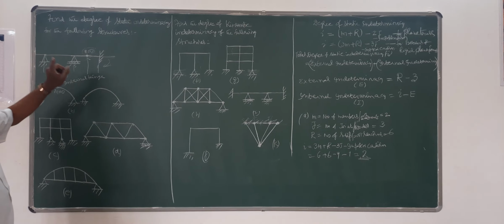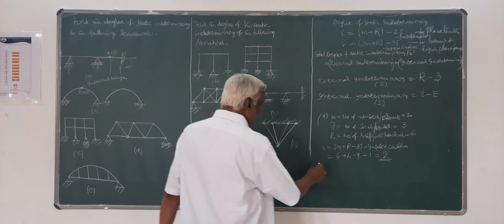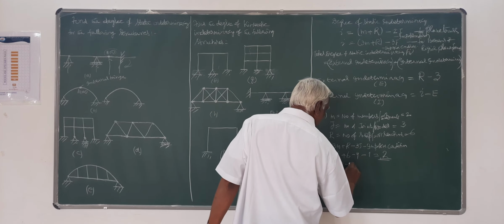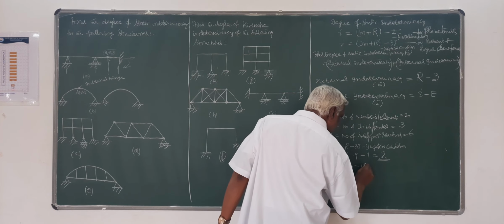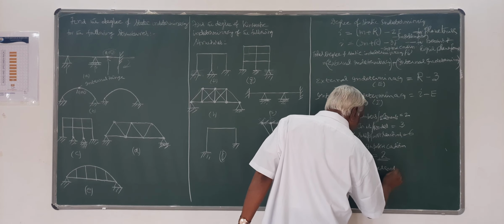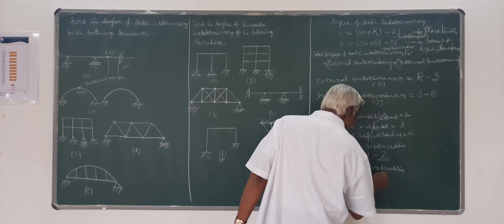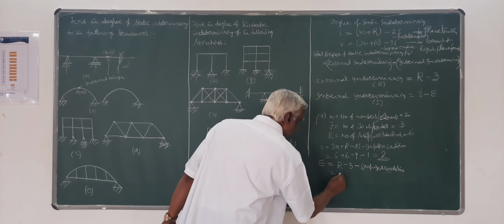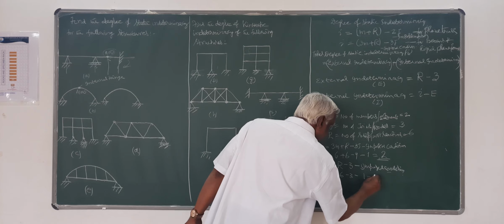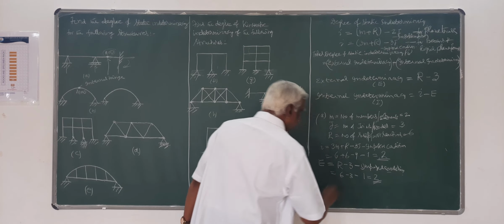Out of these 2, the degree of external indeterminacy is r minus 3 minus imposed condition. That's the extra condition we have to take. So here r is equal to 6 minus 3 minus 1, so it is 2.